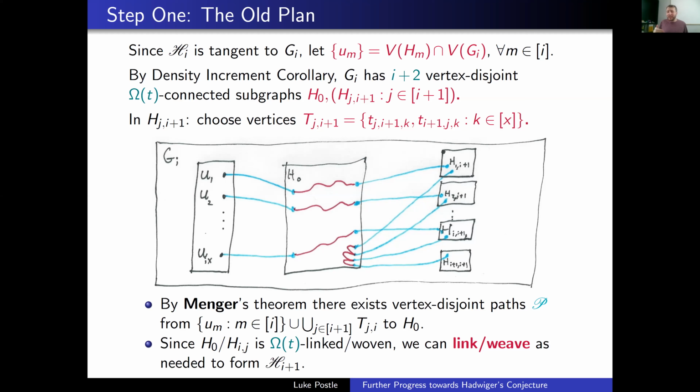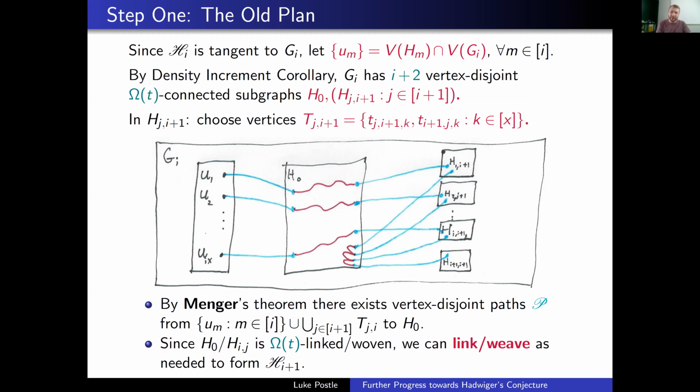Inside each HI, then we go through and we weave. So we preserve these paths as depicted, and we weave a complete model on the T_J^{i+1}s for each one successively. And so it's really just the same old plan. We're just making sure we link in the U's, which are the old parts of the model, and we build a new column of the model. So if you understood the old part, it's basically that just on one row or column.